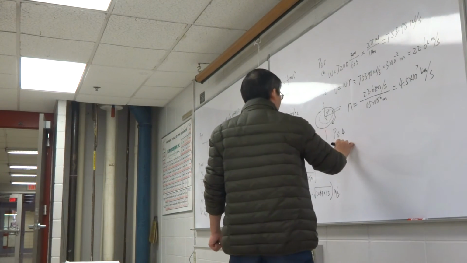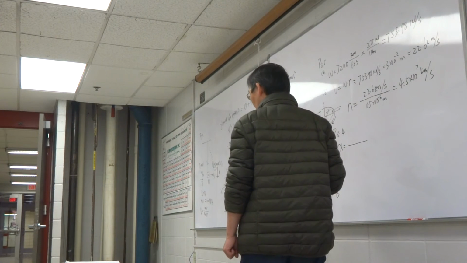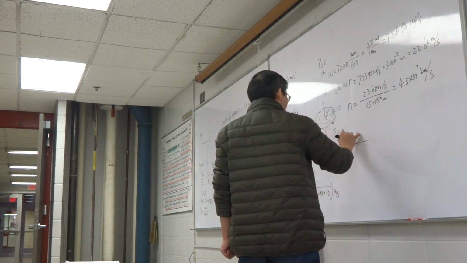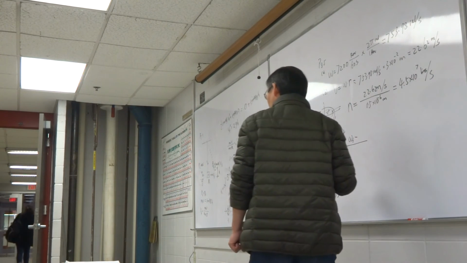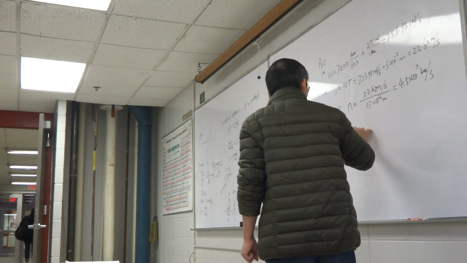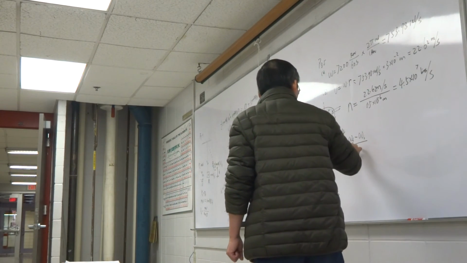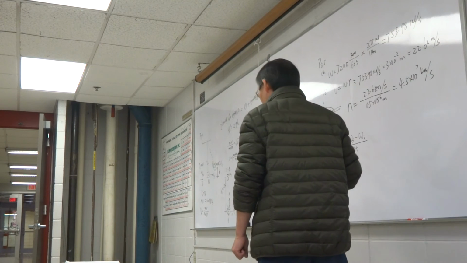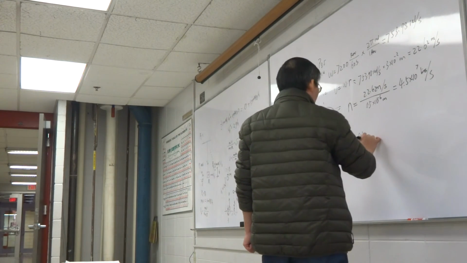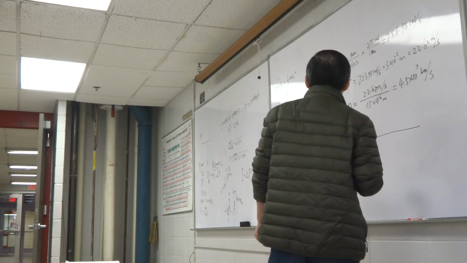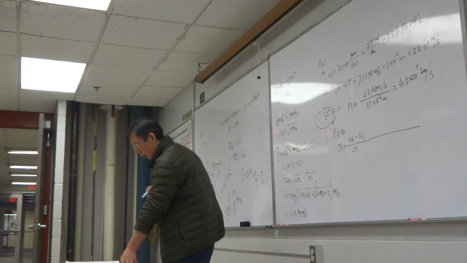Here they tell you the final angular velocity and the initial angular velocity. So it's the final angular velocity minus the initial angular velocity, divided by the time interval. What they tell you in RPM, you need to convert to radians per second.